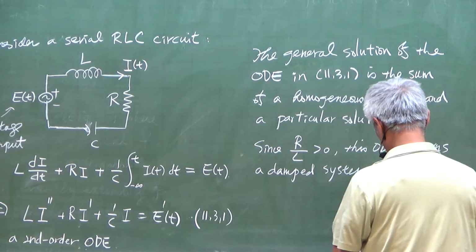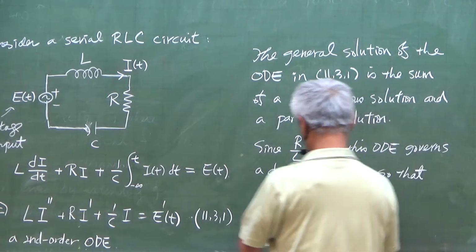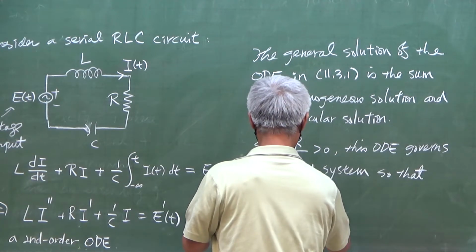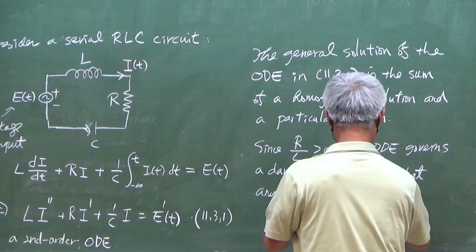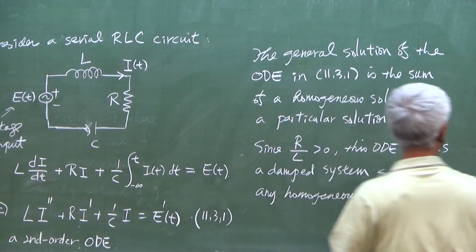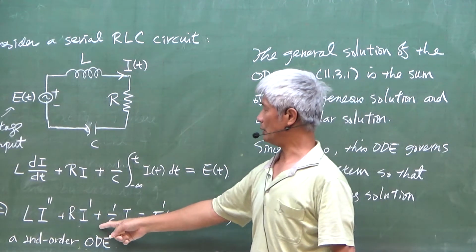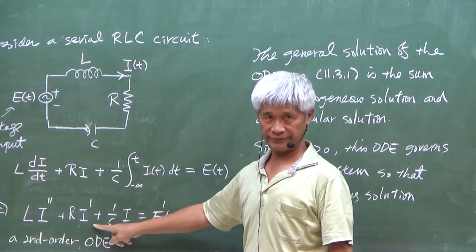And we can see that from the homogeneous solution. Let me write down the homogeneous solution for your reference. Of course, you can solve it because this is a very simple second order linear differential equation with constant coefficients.